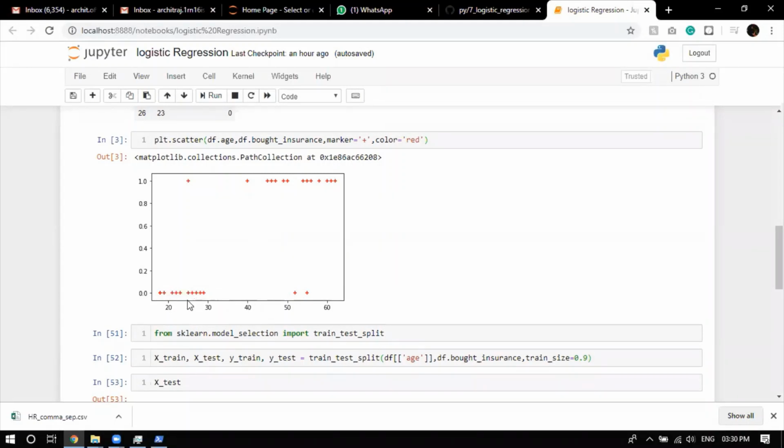We could have just made an assumption: we did a linear regression, and if the input you're giving is less than 40, then put it in the category of not taking the insurance, and if it's more than 40, then put it in the category of taking the insurance.